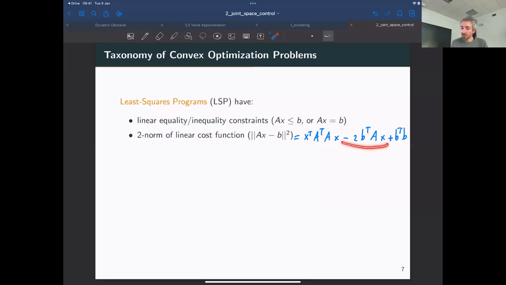And the second one is a linear term. And the third one is just a constant. So it's a quadratic. And it's actually a convex quadratic because the Hessian of this quadratic is always positive definite. So A transpose A is always a positive semi-definite matrix.